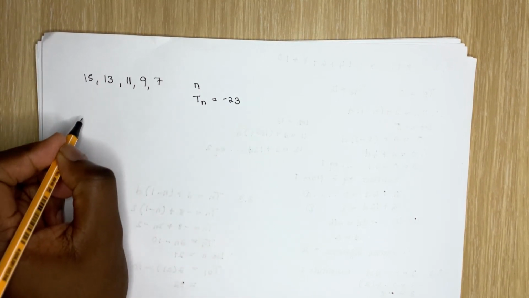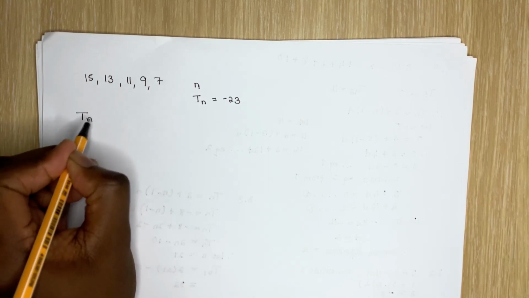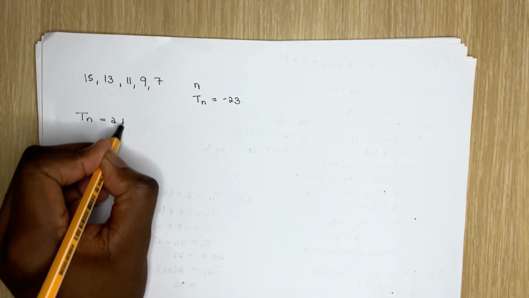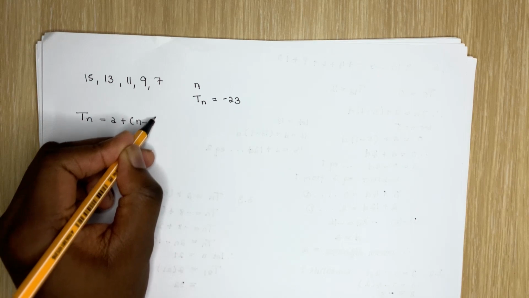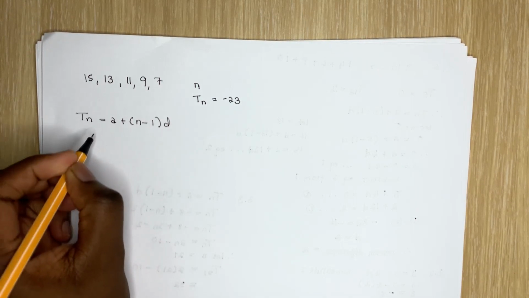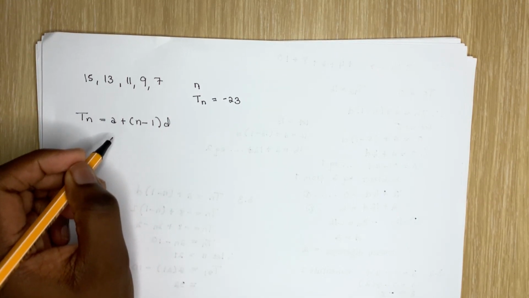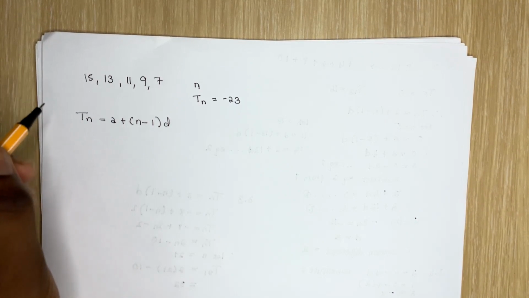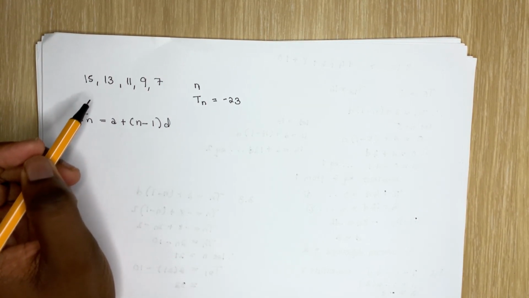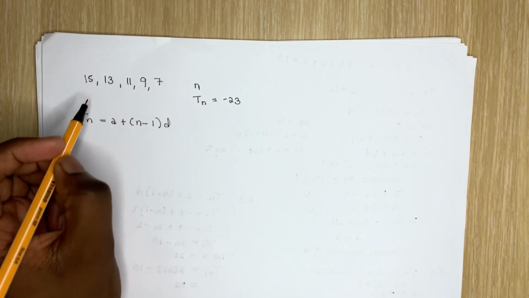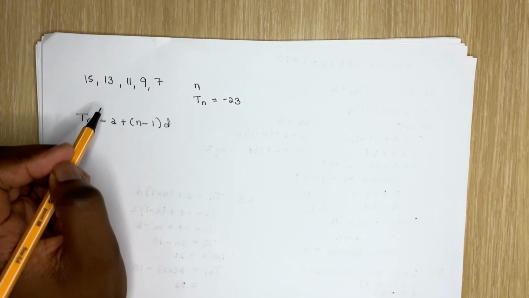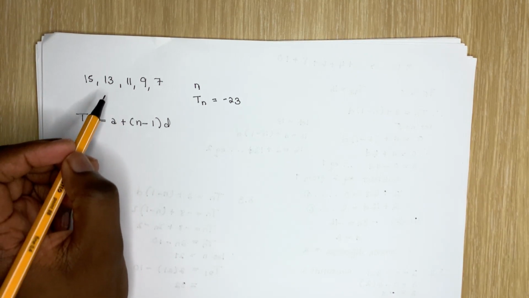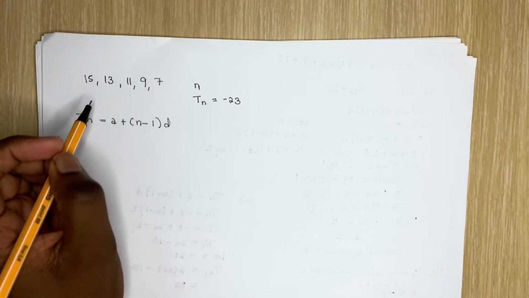Okay, so the general formula is Tn equals a plus n minus 1 times d. So we first look to see if it's an arithmetic sequence by looking at the two consecutive terms to see if there is a common difference.